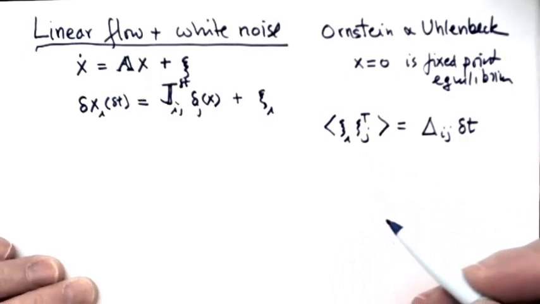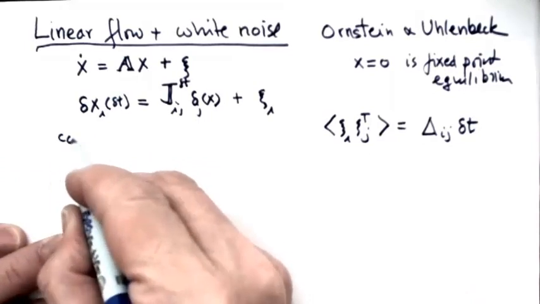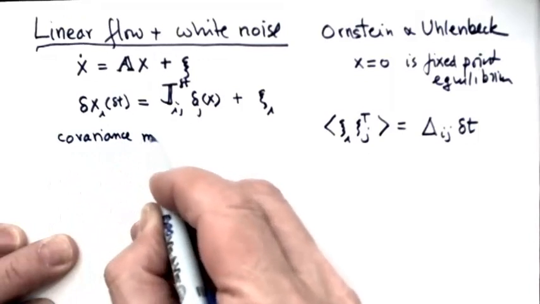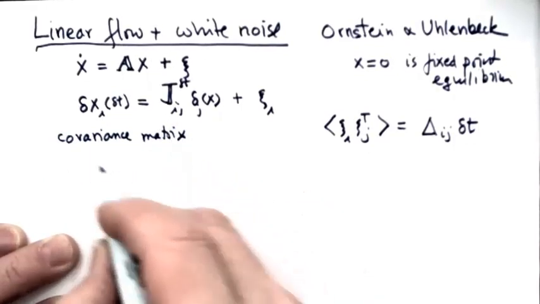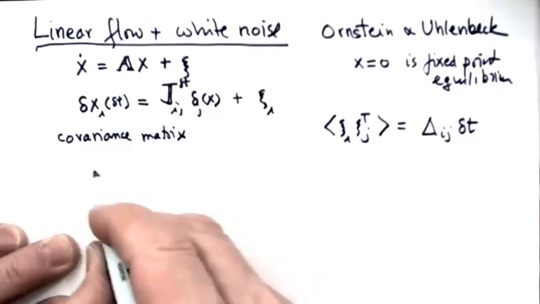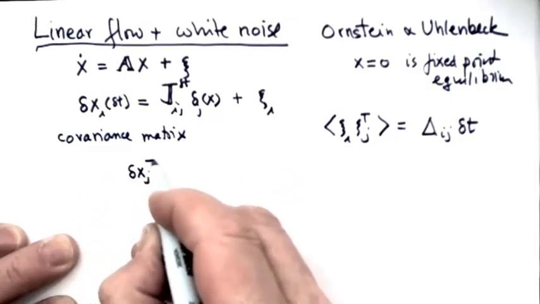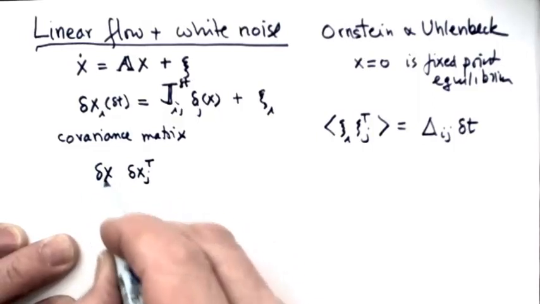So now to find out how the covariance moves, the covariance matrix is a matrix of delta x j transpose delta x i.